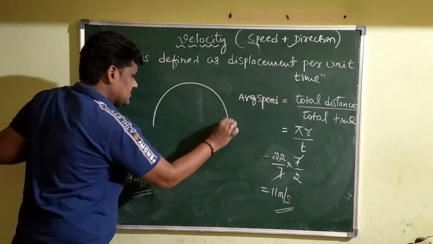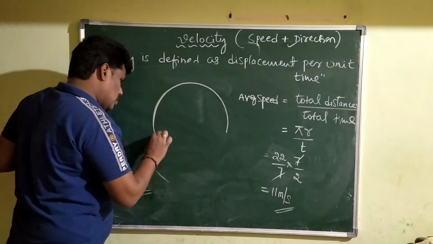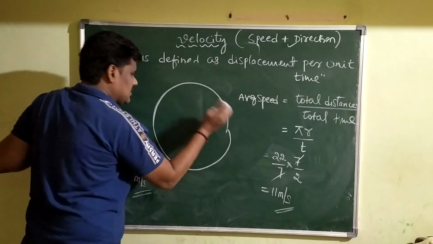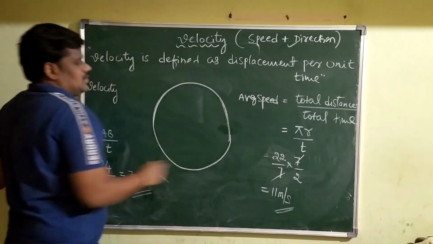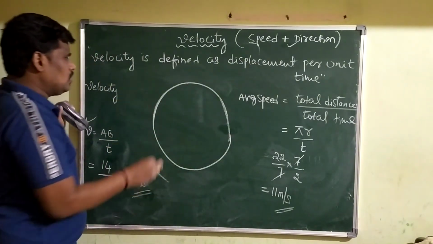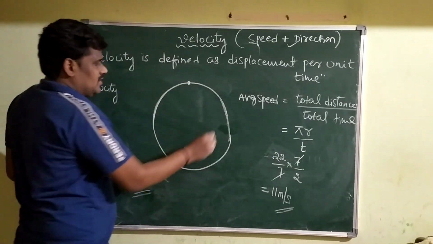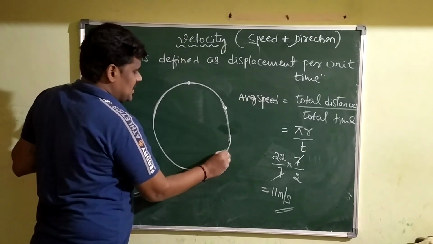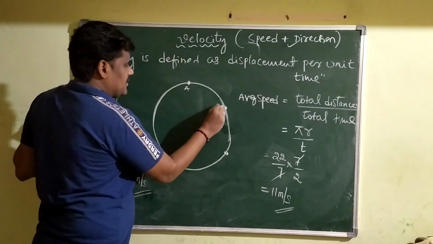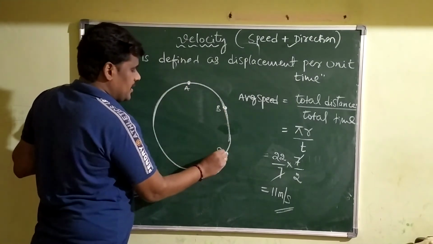The body is moving like this, along a circle. I want to know the direction of velocity at 3 different points. Say for example, one point is A, another point is B, and the third point is C.